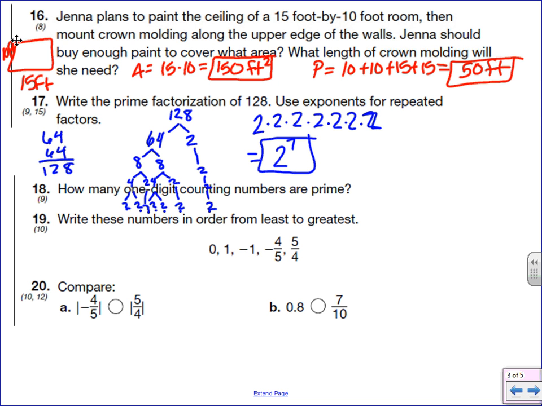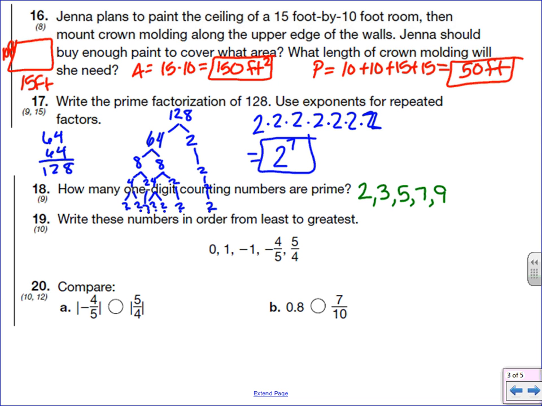How many one-digit counting numbers are prime? Well, prime numbers, we have 1, actually 1's not considered a prime number, so then we have 2, 3, 5, 7, and 9.